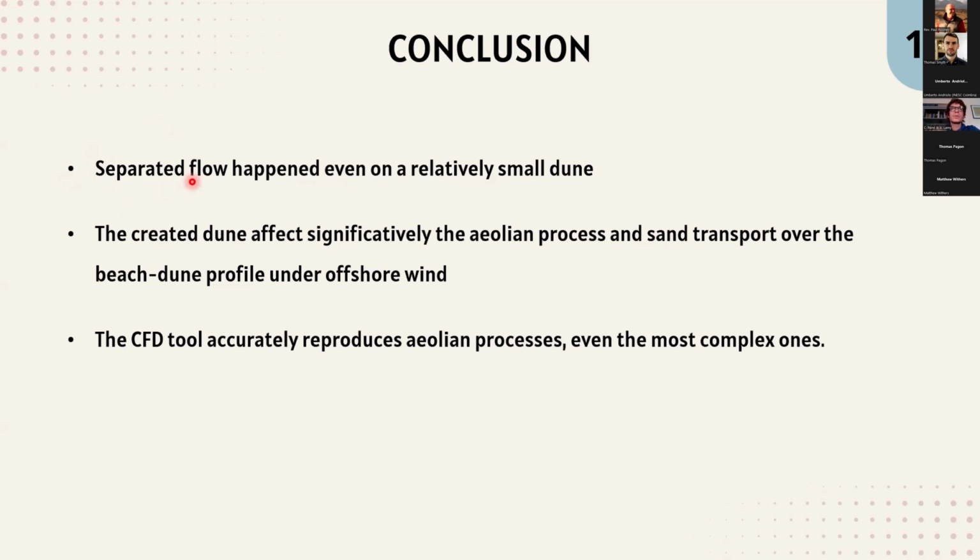The local dune system is only 2.5 meters high. And we can say also that the created dune significantly affects the aeolian processes and the sand transport over the whole beach-dune profile under this offshore wind. We can say also that the CFD tool accurately reproduces the aeolian processes, even the most complex ones, in the recirculation zone.